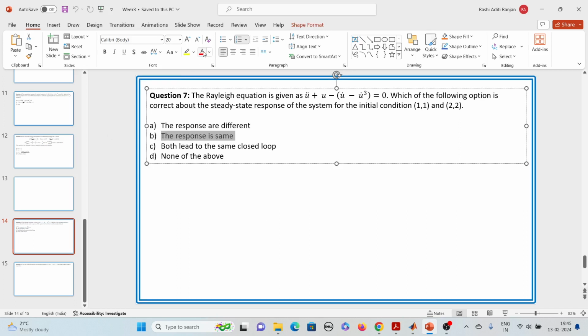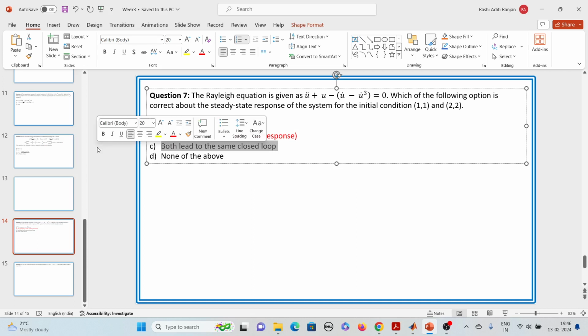One is that the response is same, and the second which says that it lead to the same closed loop, which is the limit cycle. Okay, so limit cycle has a significant impact in the nature, as most of the natural oscillations, they follow the limit cycle.